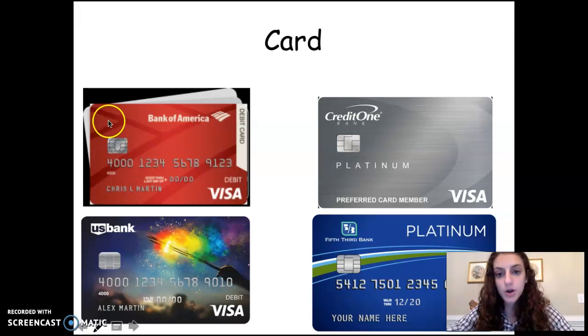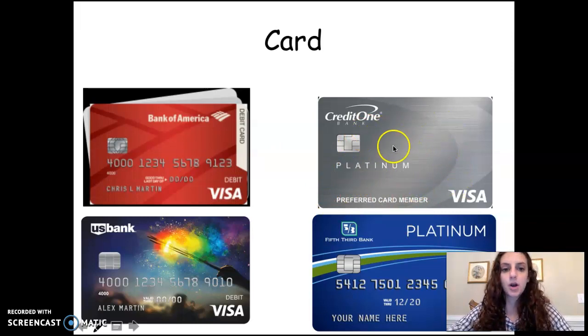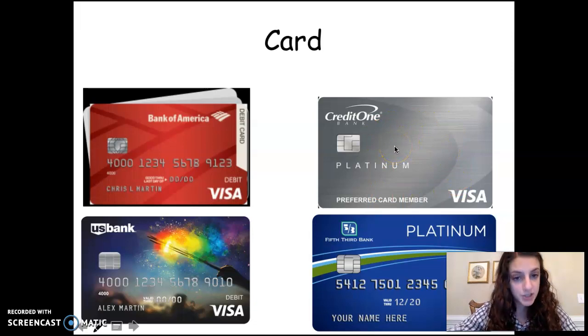The debit card draws money from your bank account. For your credit card, you can spend any amount, but you must eventually pay for everything you buy using a credit card with money from your bank account.